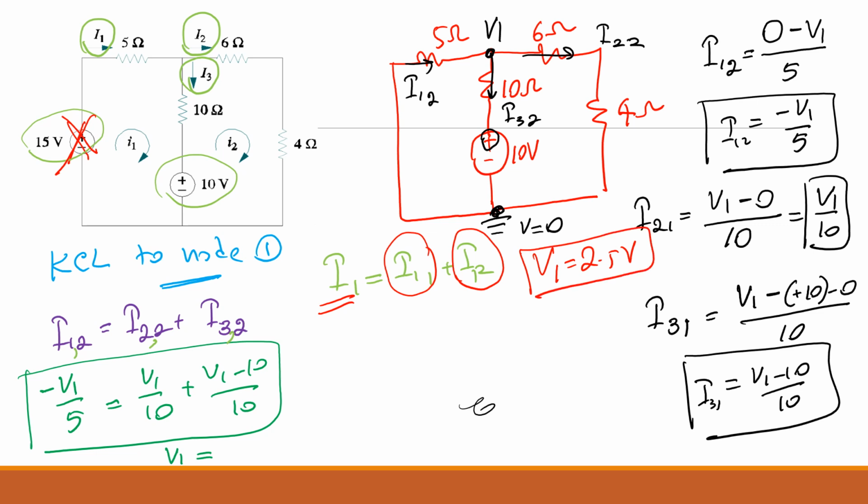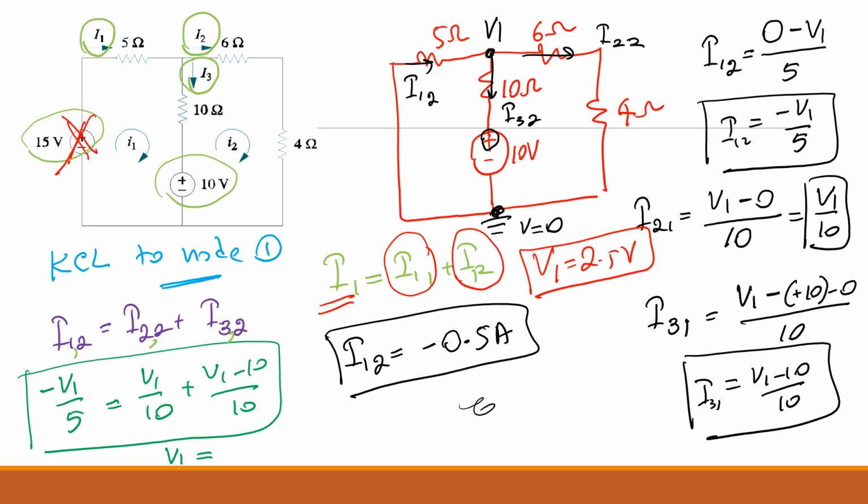This is negative 2.5 over 5. Negative 2.5 over 5 is negative 0.5 amps.